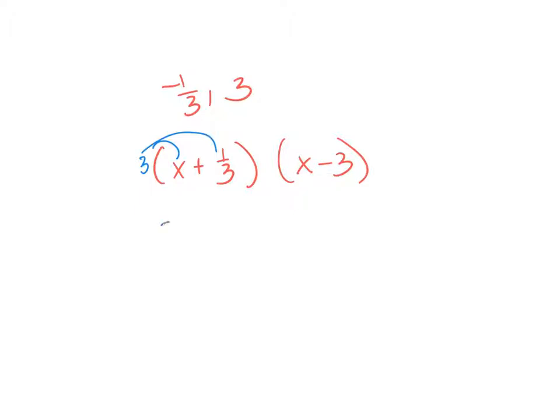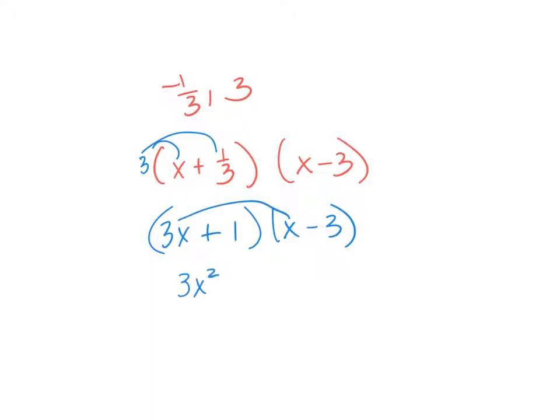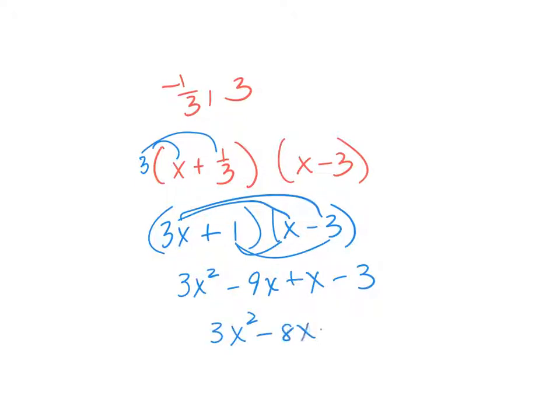So this is going to be 3x plus 1 and x minus 3. And now you FOIL that. So this is going to be 3x squared, minus 9x plus x minus 3, which is 3x squared minus 8x minus 3.